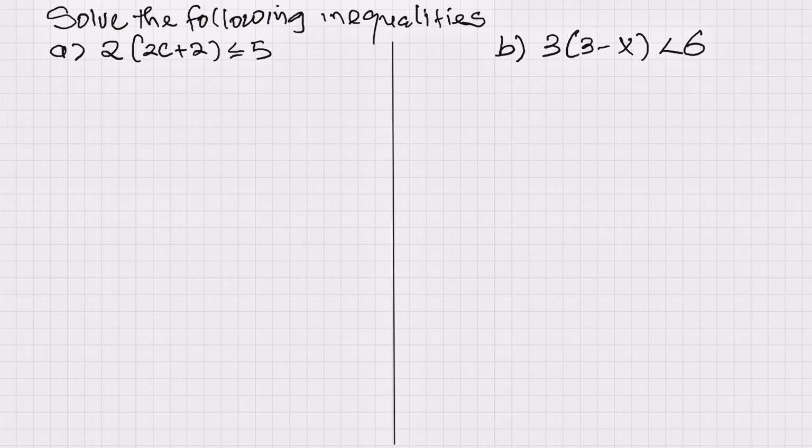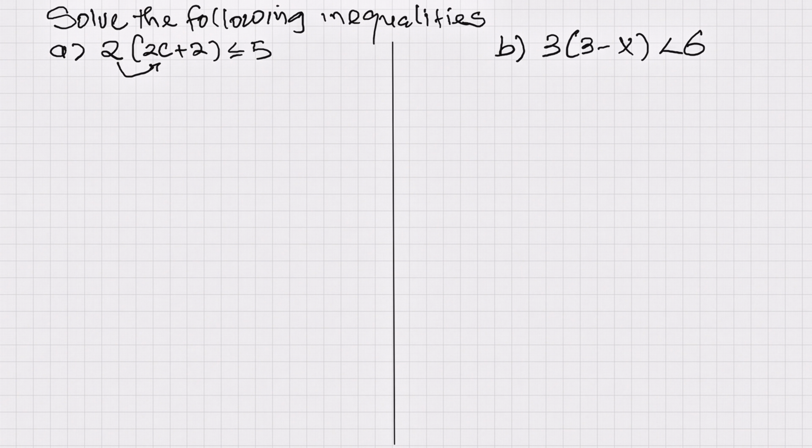We normally solve linear inequalities just as we solve linear equations. It's just that we are dealing with inequalities, and inequalities have principles and properties. So we are just going to start by expanding this bracket. We take what is outside the bracket and multiply all what is inside the bracket.